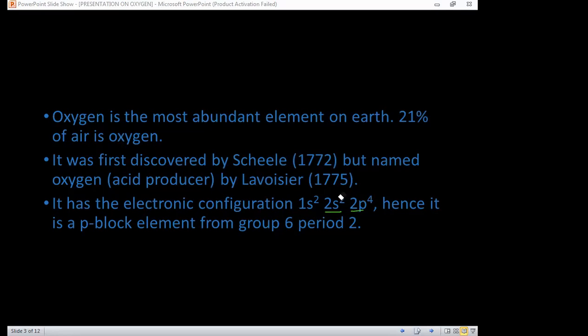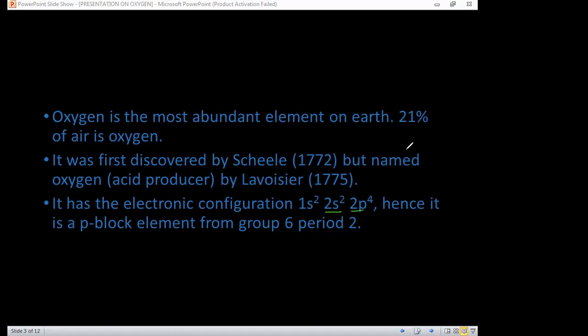So since the second shell contains 6 electrons, oxygen is in group 6, while it has only 2 shells, therefore it is in period 2. So that is how we determine the group oxygen belongs to. Oxygen is a group 6 element, and it is in period 2.